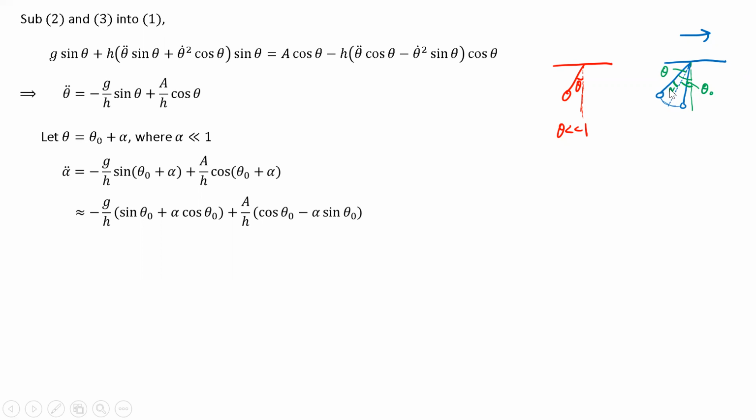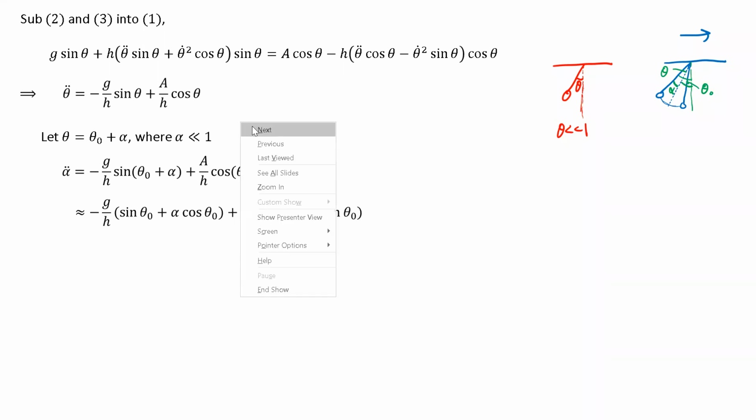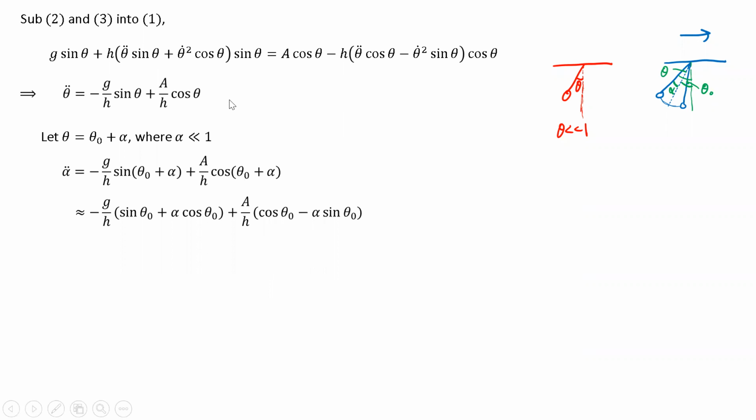Instead, alpha is the parameter that tells us the angular amplitude of the oscillation. Okay, so theta equals theta naught plus alpha, and now theta naught is a constant.